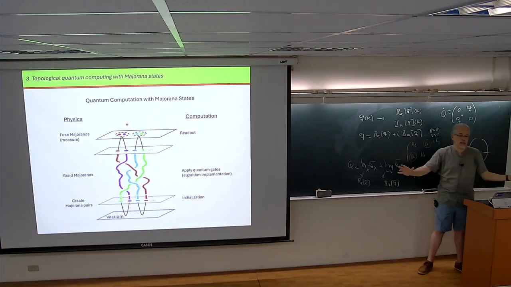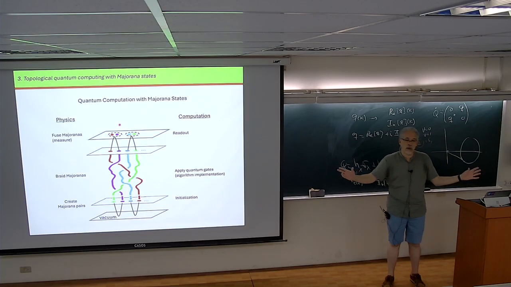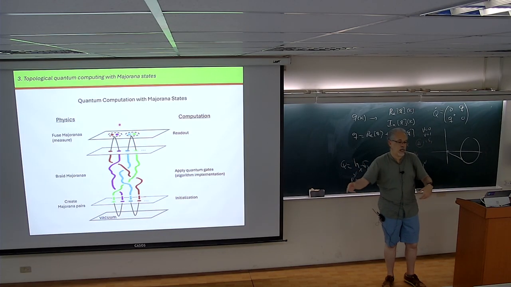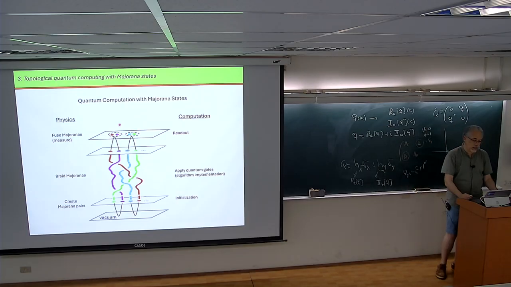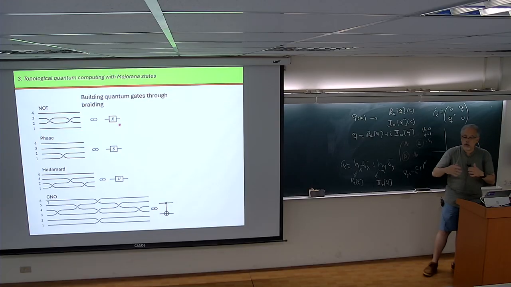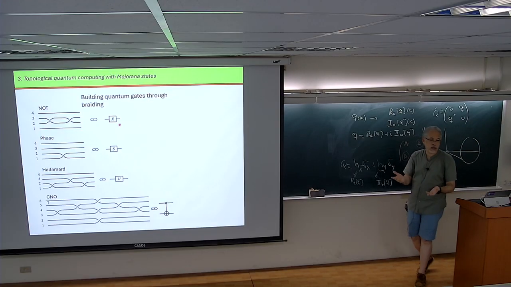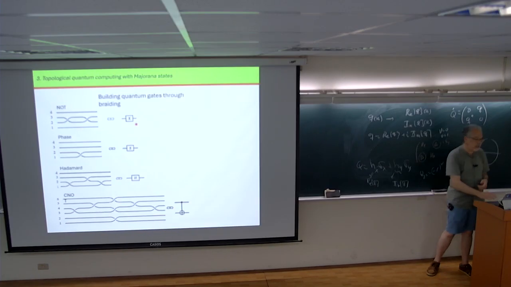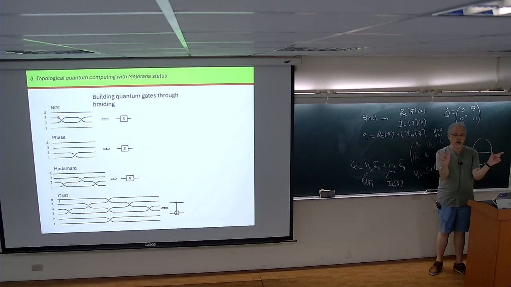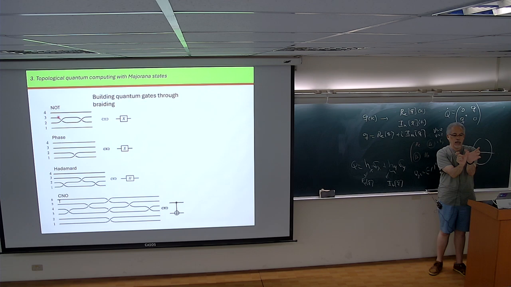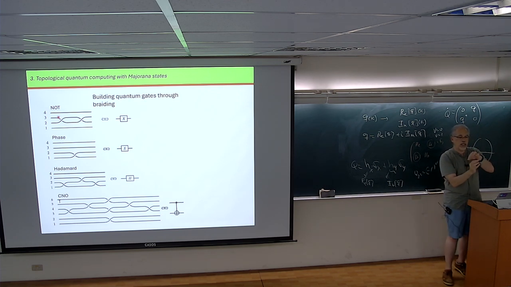At the end, I need to read the state of the qubit, so I fuse them and measure whether there is an extra charge for each of them or not. So I can figure out the state of the qubit, and this gives the computation. The way you braid them will implement different quantum gates. For example, if I have four Majoranas, so two pairs of Majoranas, and I take one Majorana of one pair and one Majorana of the other pair and exchange them twice, I will be doing a NOT gate.